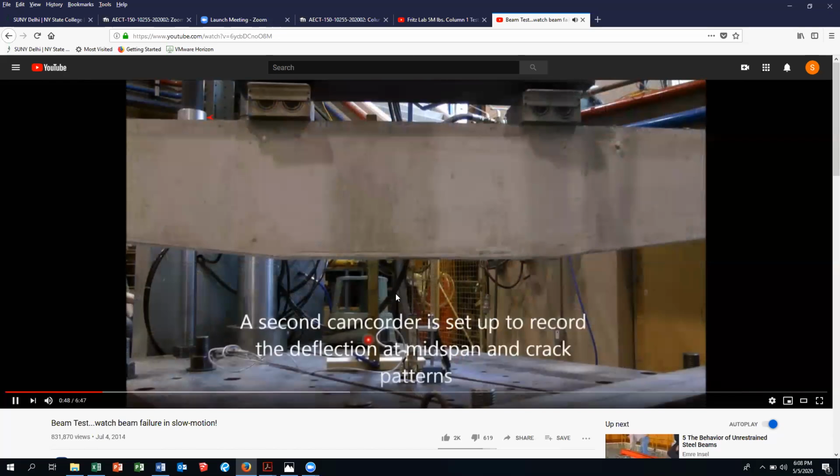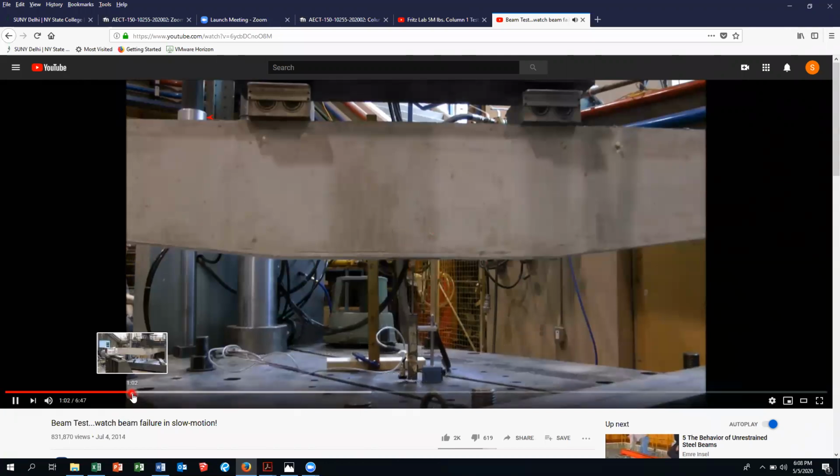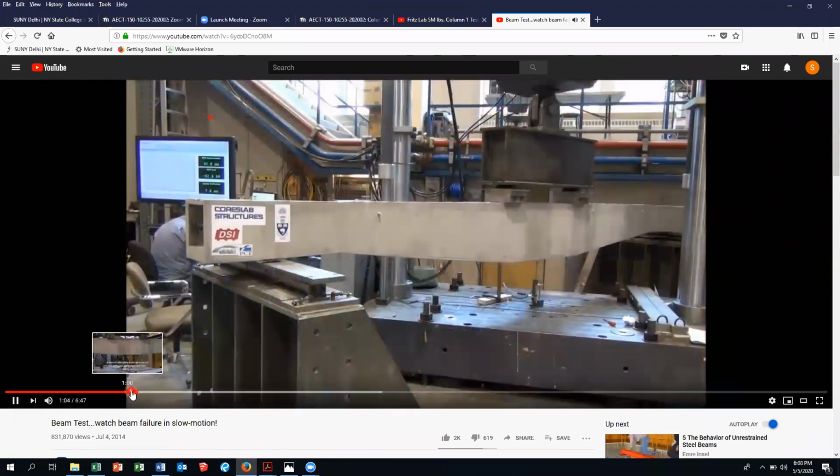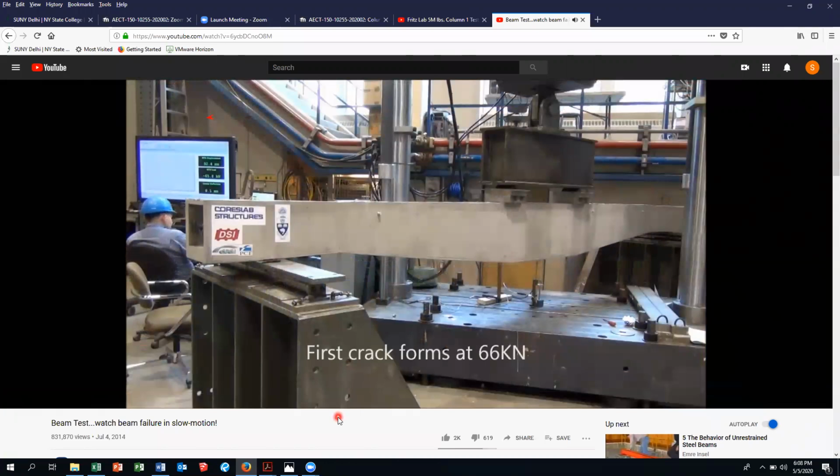So there's that dial indicator for the deflection. And you'll start to see the crack patterns emerge, if you will. 66,000 newtons.